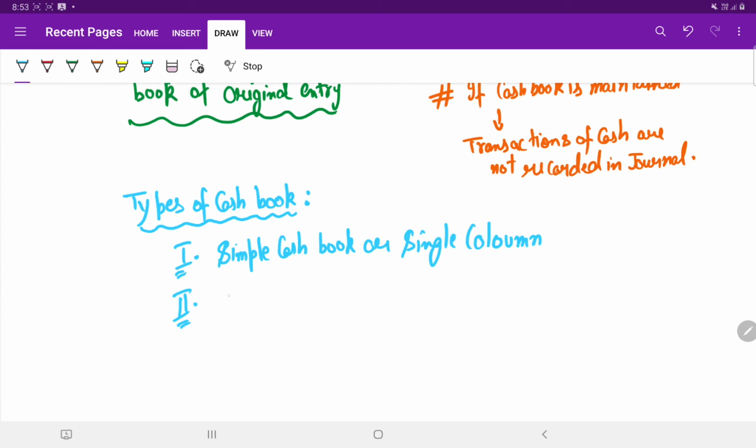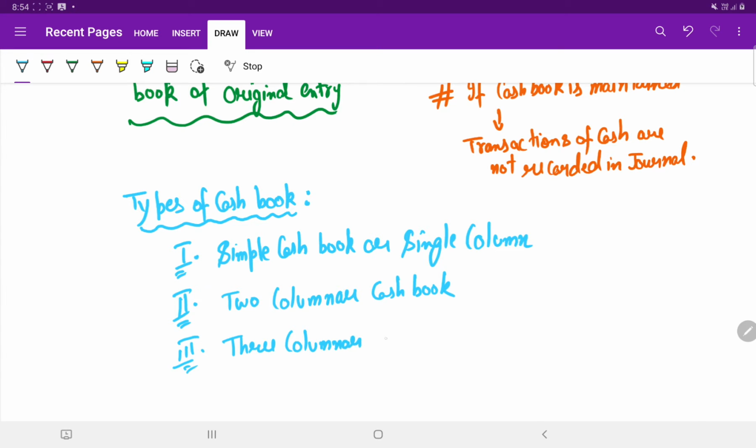Then comes the two column cash book. Then the triple column cash book, known as the three columnar cash book.